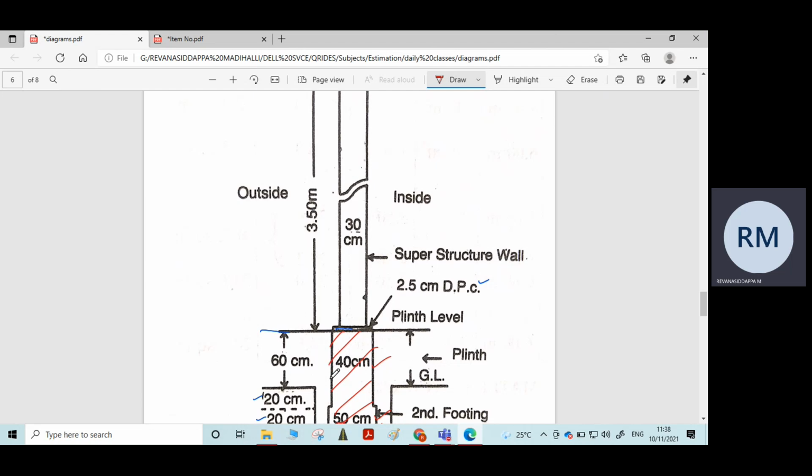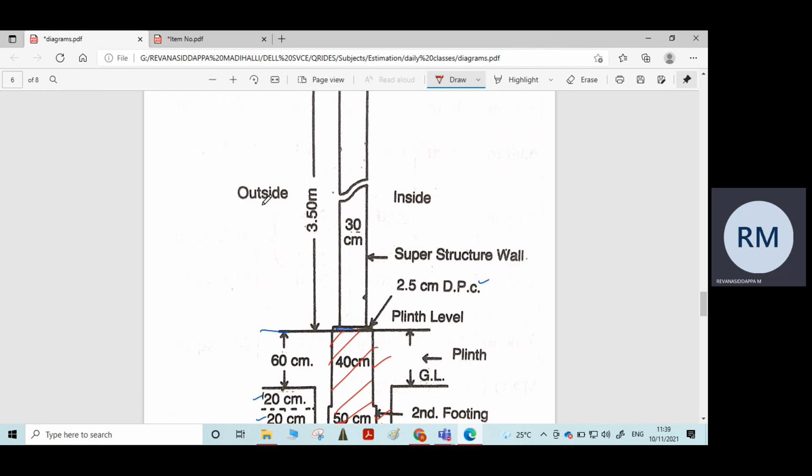The plinth will also be exposed. Therefore, the plinth should also be included while doing the plastering work outside the wall. The plinth which is above the ground level, not below the ground level. The height of the plinth above the ground level should also be taken into consideration while doing the plastering work. That is why we need to do individual calculations.